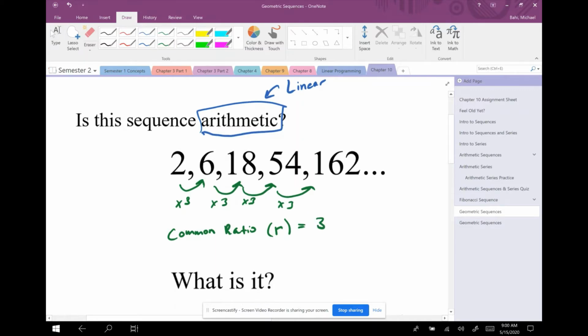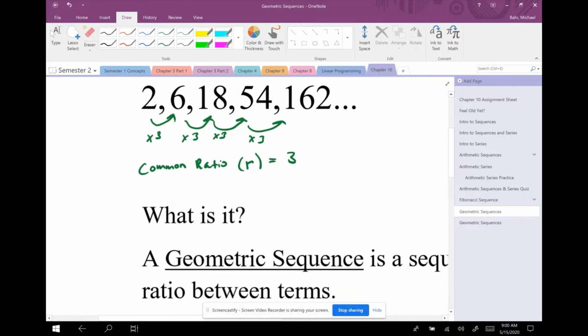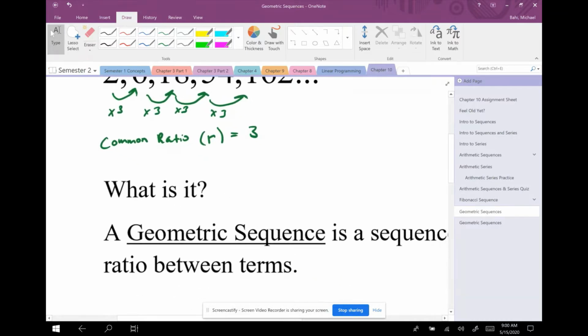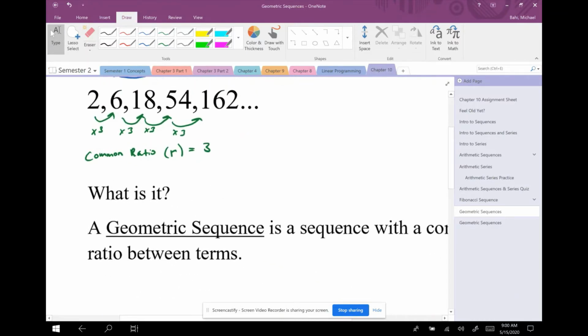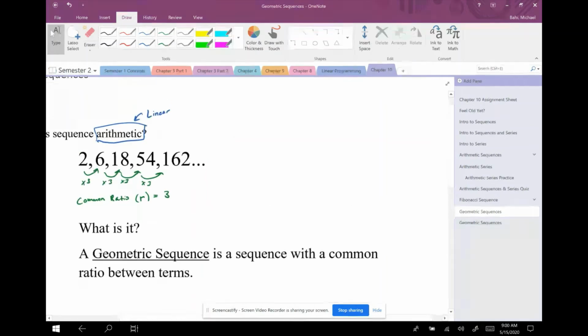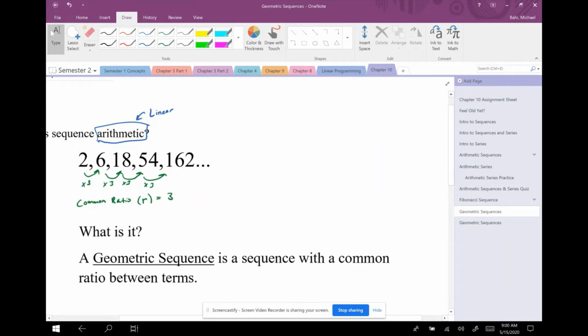So since it's not arithmetic, I didn't mean to spoil this for you, but this is a geometric sequence. It's a sequence with a common ratio between the terms. In other words, it just keeps getting multiplied by the same number. So if an arithmetic sequence was linear, geometric sequences are exponential.